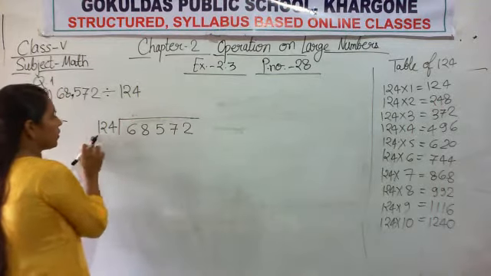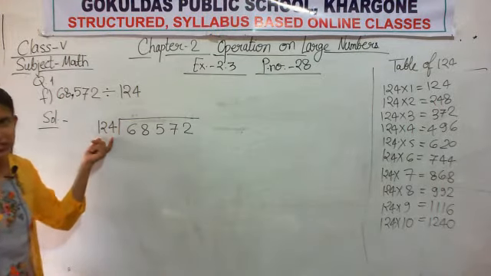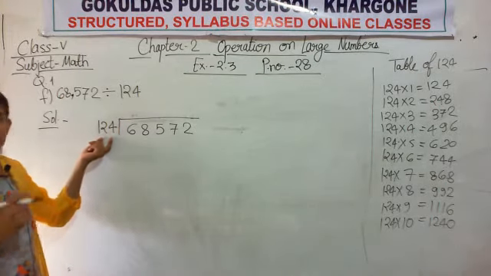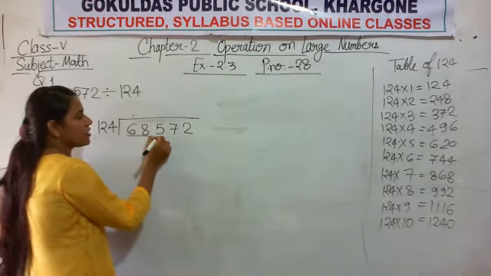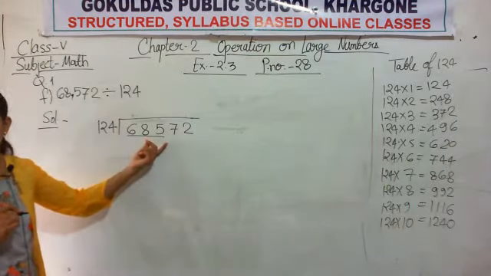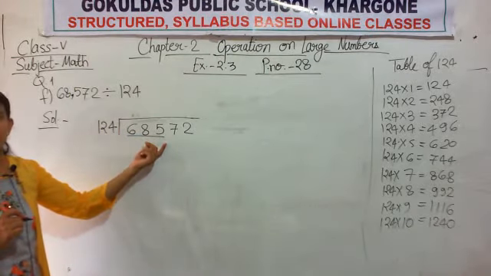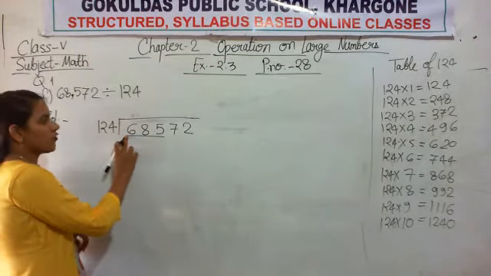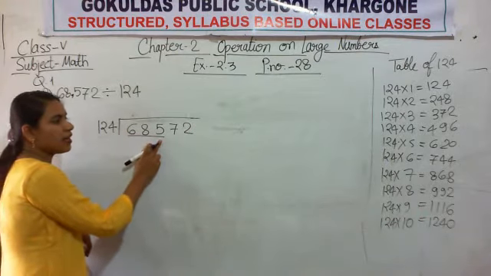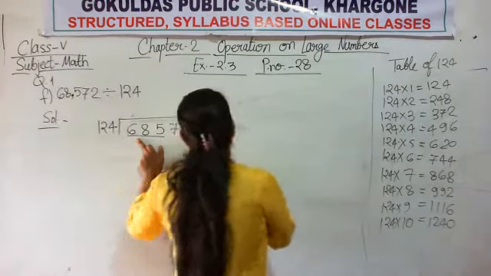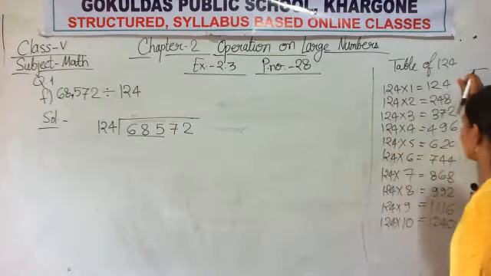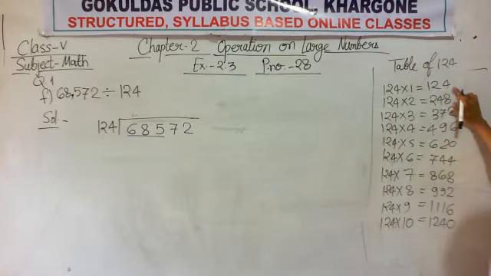The number of digits in the divisor is 3, so we will take the first 3 digits of our dividend to divide. So your first number is 685. Let's check, is 685 in the table of 124?